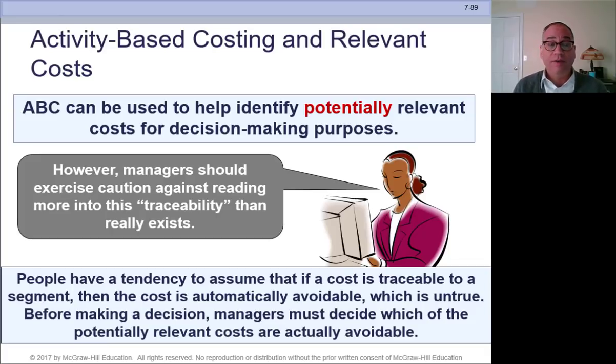And the more you know about how your costs behave, the more information you have to make a good decision here, because things can go wrong. And a lot of times you may think something is relevant, but it's not, or you may think it's not relevant, and it is. And that can cause you to make all kinds of mistakes, and the mistakes may potentially cost a lot of money. So the situation with traceability is also a case where you're just told that something is a traceable cost, and it actually isn't.